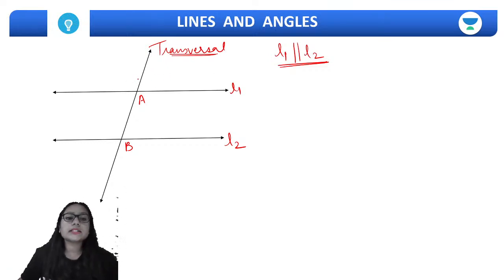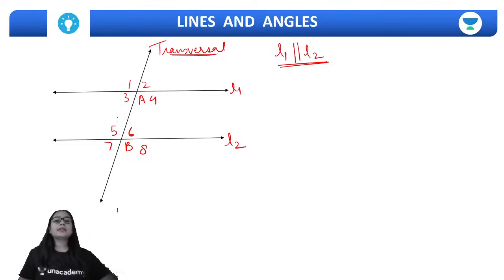The number of angles formed here is 1, 2, 3, 4, 5, 6, 7 and 8. So a total of 8 angles are formed when a transversal cuts a pair of parallel lines.